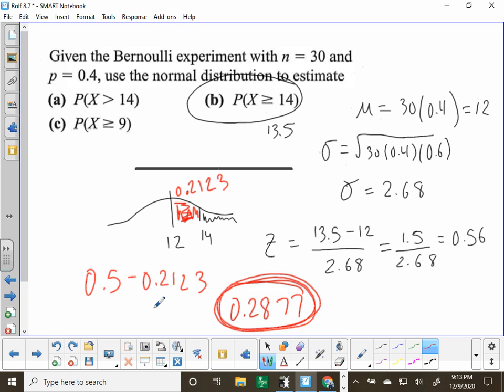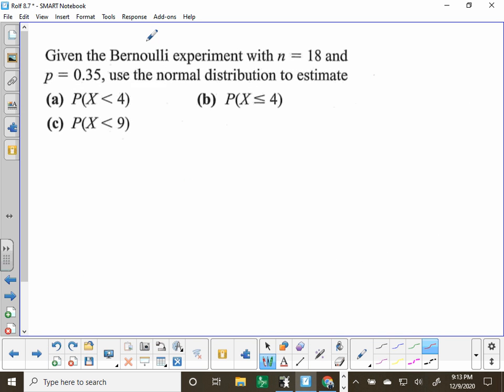Okay, I'm going to do another one. If you think you get it, then go ahead and try the problems, but I'm going to go ahead and do this next one here. And that is this one right here. Given the Bernoulli 18, probability 35%.